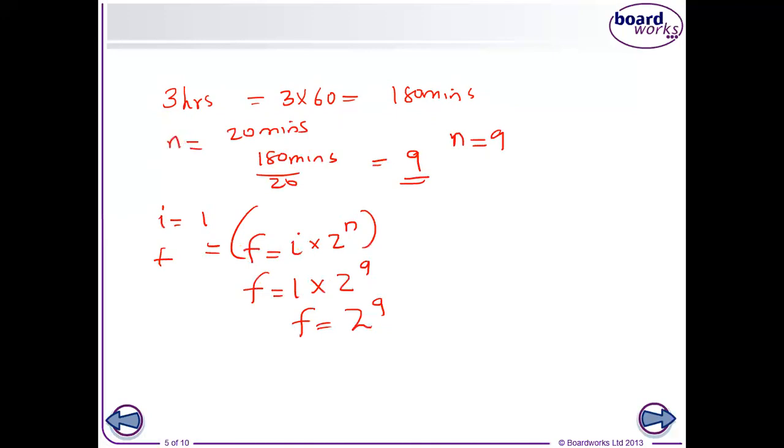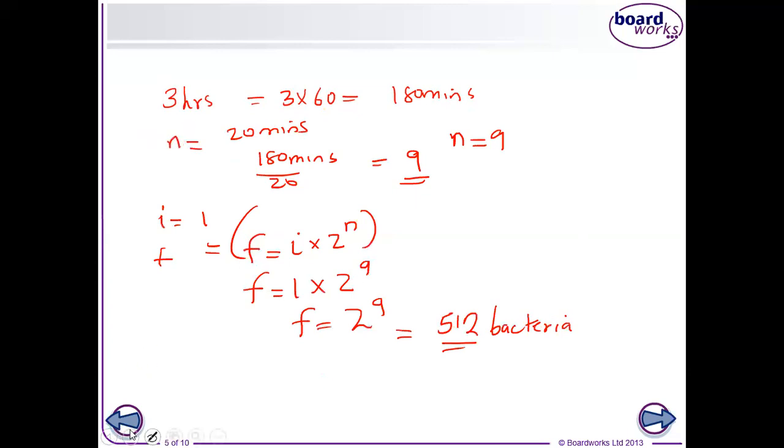But if you have a calculator, then you should say 2 raised to the power of 9 is equal to 512. So you're going to have 512 bacteria in 180 minutes, which is 3 hours.